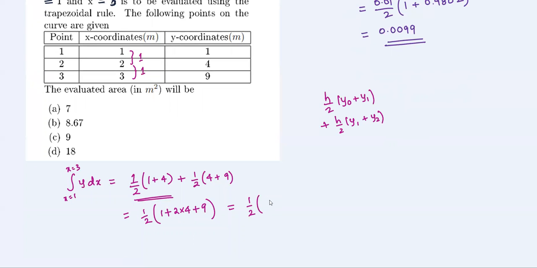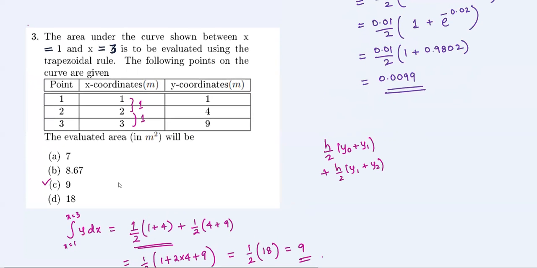So this is 10 plus 8, 18. So the answer we get is 9. This is a very, very simple calculation of trapezoidal rule. We are just adding trapeziums. We just have to remember this result.